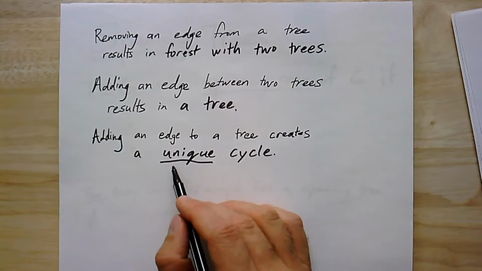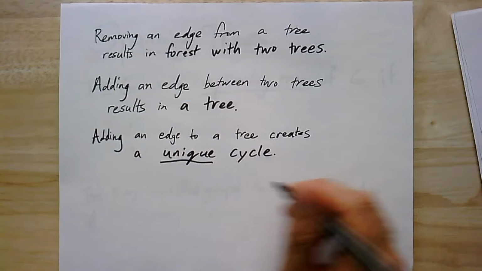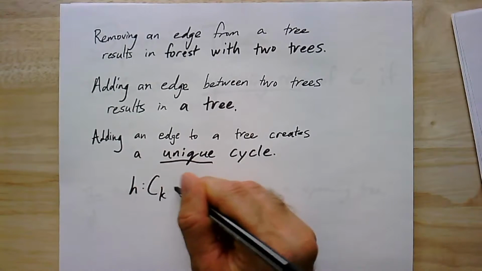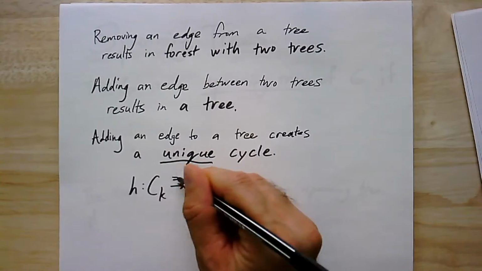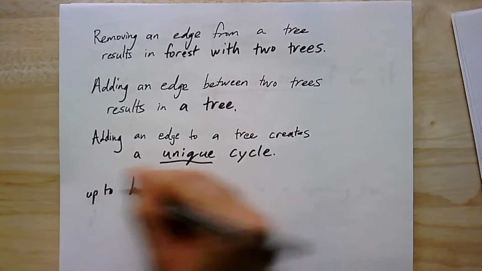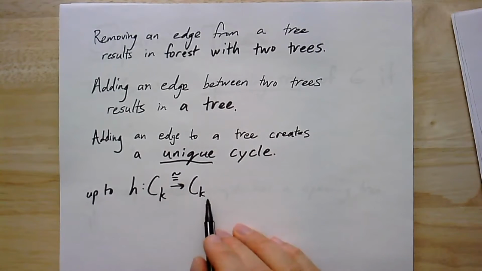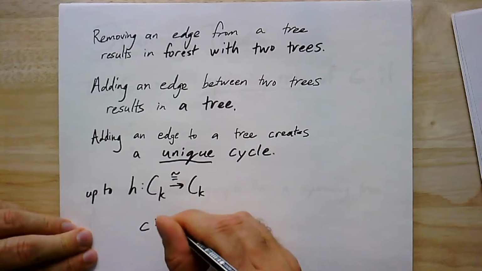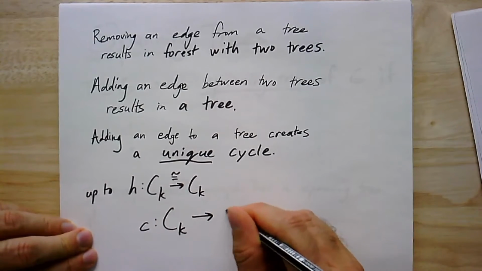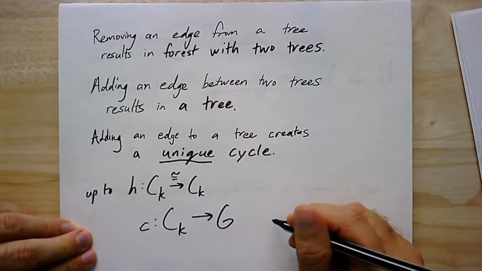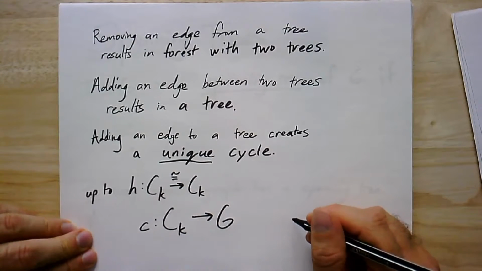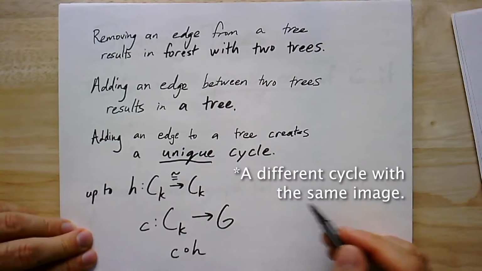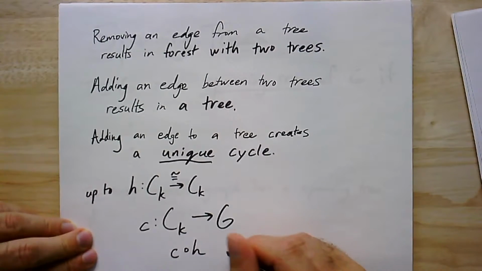This is like saying it's unique up to isomorphisms of a cycle to itself. Okay, so there are these isomorphisms from a cycle to itself. Right, so if the cycle is C mapping C_k into G, it's true that I would get a different cycle by doing C composed H, but it's not an interestingly different cycle.